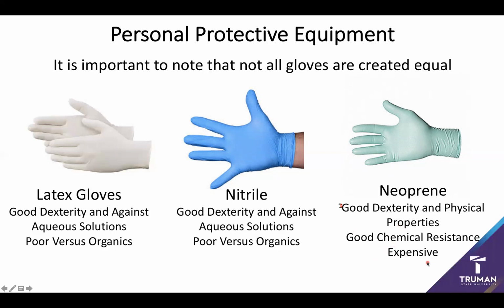But as a result, it's often several times as expensive as typical nitrile or latex gloves. So if you're going to be spending a lot of time working with a chemical solution, one of the things I encourage you to do is go on to our Blackboard page and pull out the full list of what gloves are good against what sort of solutions.